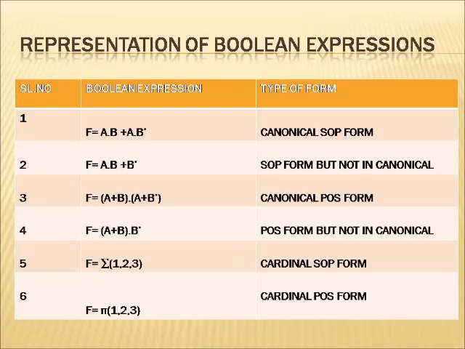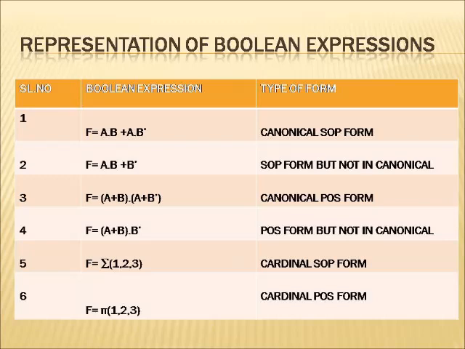Okay, in the given table you can see that we have different types of Boolean expressions. The first one is f is equal to a dot b plus a dot b bar. So we can say the first one is an example of a canonical SOP form, that is canonical sum of products, right?